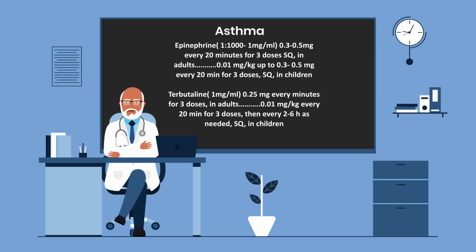Terbutaline can be given at a dose of 1 milligram per ml, and you can give 0.25 milligrams every 20 minutes for 3 doses, and that is in adults. In children, it's 0.01 milligrams per kg every 20 minutes for 3 doses, and then you may give it 2 to 6 hours apart as needed, sub-Q.